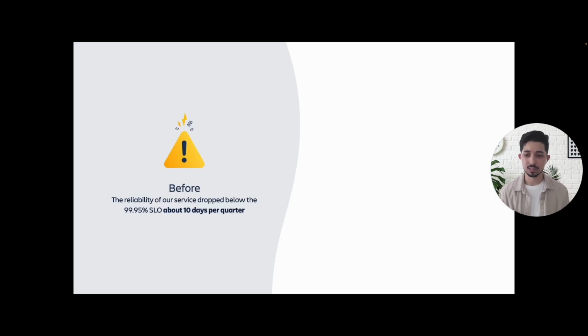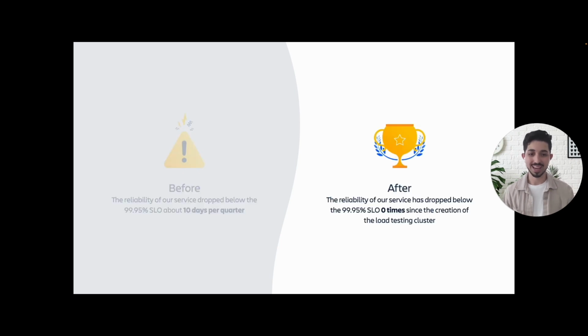In addition to this, the reliability of our service was uplifted. Before, we would drop below our 99.95 SLO about 10 days per quarter. And now the reliability of our service has dropped below that 99.95% SLO 0 times since the creation of the load testing cluster. And this has been amazing for creating and uplifting those beautiful experiences for users.